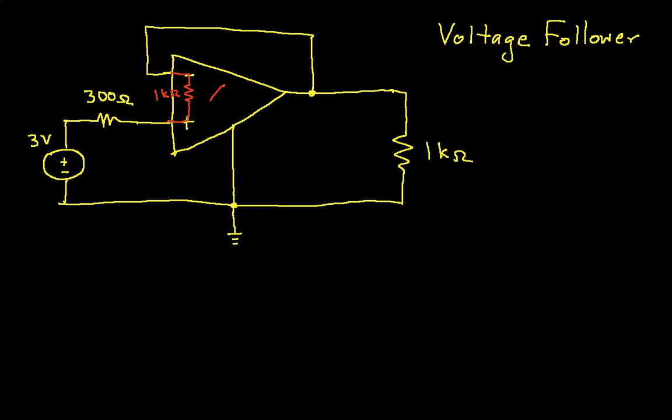And then we also have inside the realistic model a voltage source connected to an output resistance, and let's set the output resistance to 50 ohms. And let's set the gain on the voltage source to be 10. So for this case, the output is 10 times the voltage at the non-inverting node minus the voltage at the inverting node. Both of these voltages, by the way, are referenced with respect to this ground node.